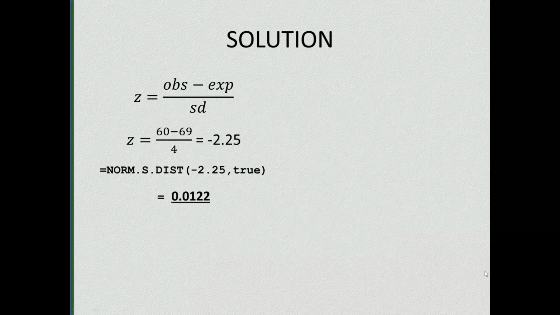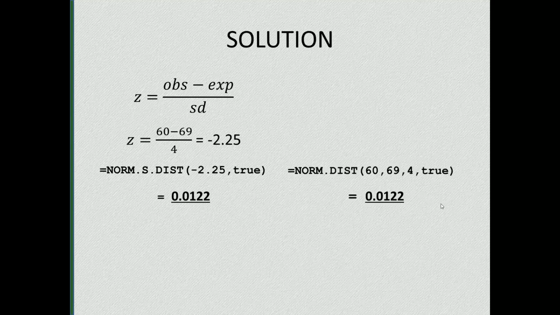We could compute the z-score. We observed 60, we expect 69, standard deviation was 4, minus 2.25 means that this individual is 2 1/4 standard deviations below average. And then the standardized norm function gives us this probability.